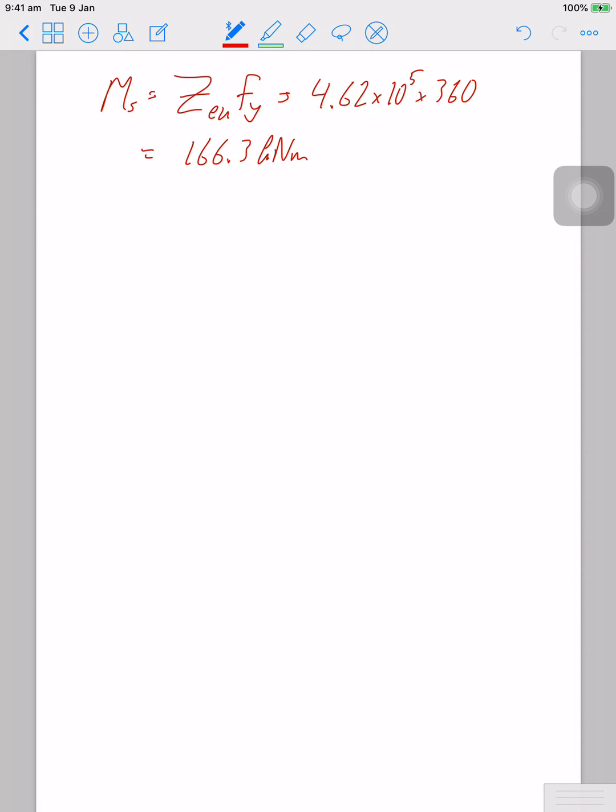So we need to find our reference buckling moment, M0, which is going to require our alpha s.